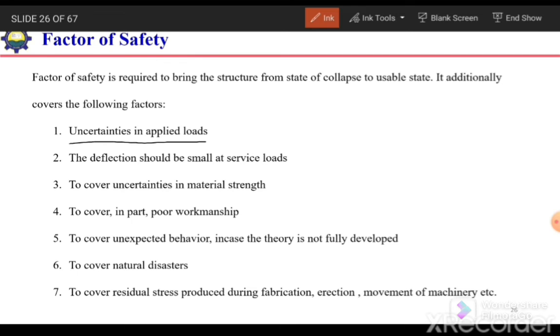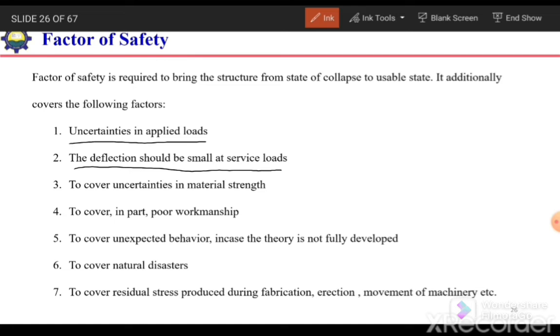If we have not applied the factor of safety, our structure will collapse. Also, the deflection should be small at service loads, so we apply the factor of safety to keep our deflections within allowable limits at service loads.